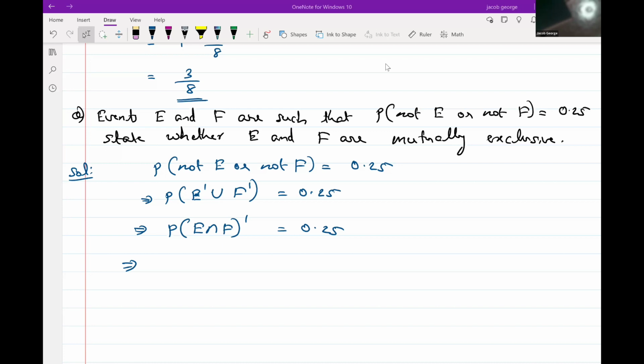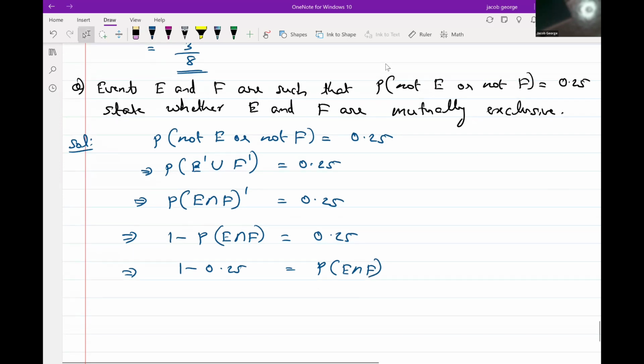So, E intersection F, the whole complement is 1 minus P of E intersection F, which is equal to 0.25. So 1 minus 0.25 is P of E intersection F, or we can write P of E intersection F is equal to 0.75.